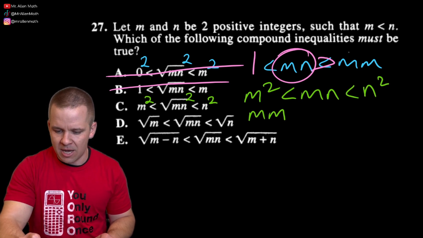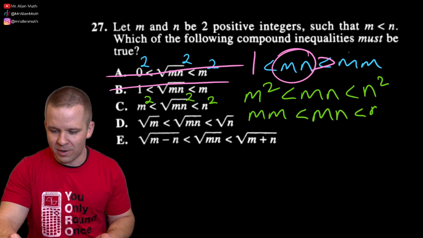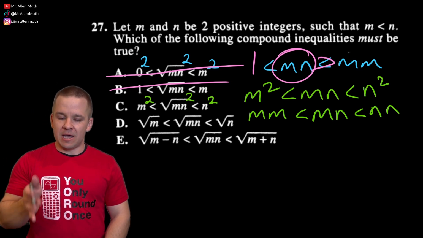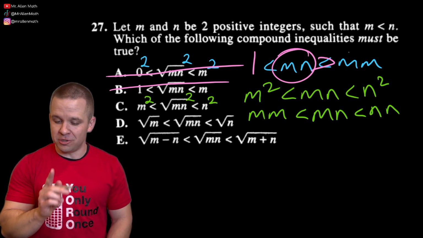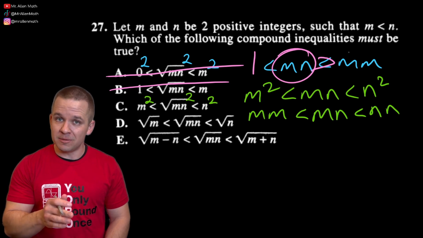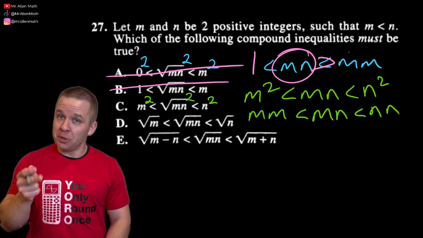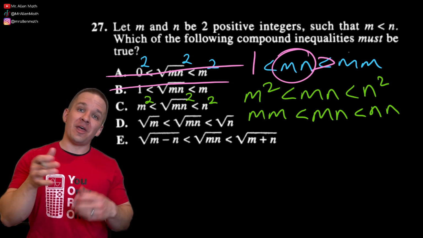And could I write this as m times m, m times n? I hate when they use m and n for whatever reason, man. Can we just use x and y, right? M times m, those are the smaller integers, is less than m times another integer that is larger than m, is less than 2 integers multiplied together that are larger than m.